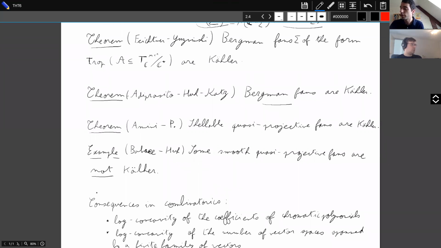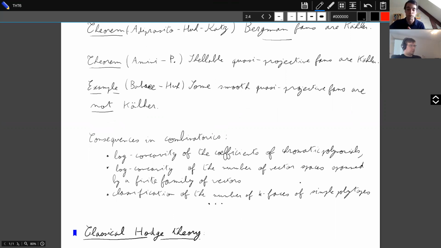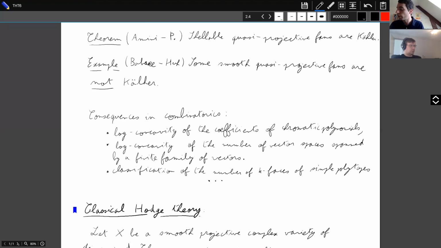So this has been very studied. Hodge theory for fans has been studied a lot because it has several consequences in combinatorics. For example, it solved a lot of conjectures, like the log concavity of the coefficients of the chromatic polynomials, if you know what it is, or the log concavity of the number of vector spaces of dimension k you can create with a finite family of vectors, or an entire classification of the number of k-faces of simple polytopes.